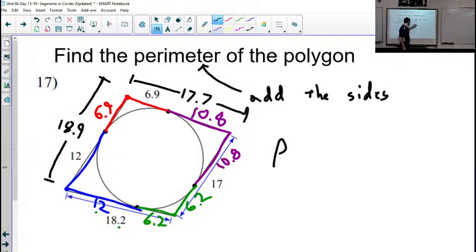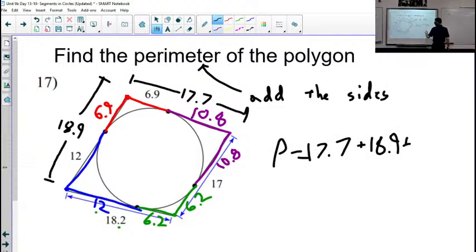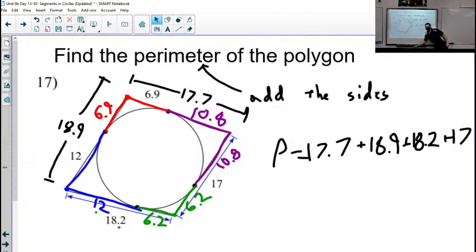So my perimeter, adding up all the sides, we have 17.7 and 18.9 and 18.2 and 17. Add those together and we get our entire perimeter. So that is number 17.